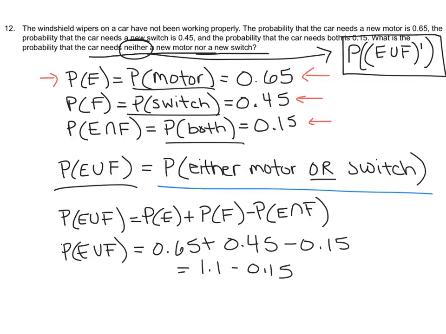And then 1.1 minus 0.15 is 0.95. And again, this is the probability of either motor or a switch.